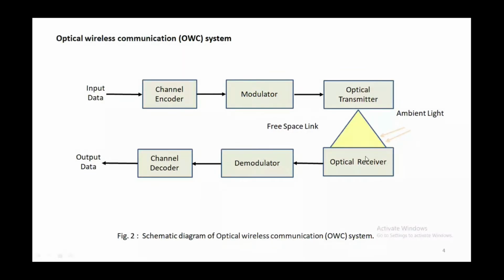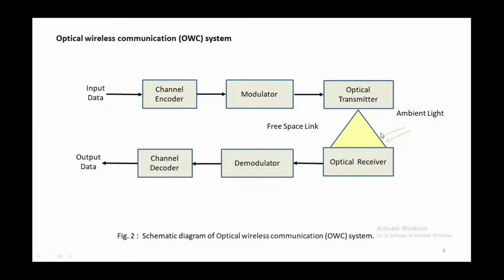And this data is received by an optical receiver like a photodetector, which converts the optical signal into an electrical signal. And again we demodulate that signal into a particular format, and the channel decoder decodes the information bits, and finally we get the output data. So the whole system is an optical wireless communication system.